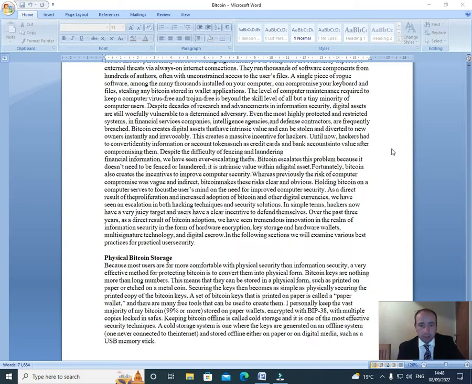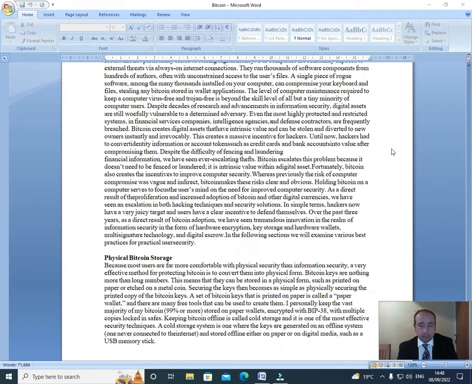Bitcoin creates digital assets that have intrinsic value and can be stolen and diverted to new owners instantly and irrevocably. This creates a massive incentive for hackers. Until now, hackers had to steal information or account tokens, such as credit card and bank account info, and then convert it to value after compromising them.